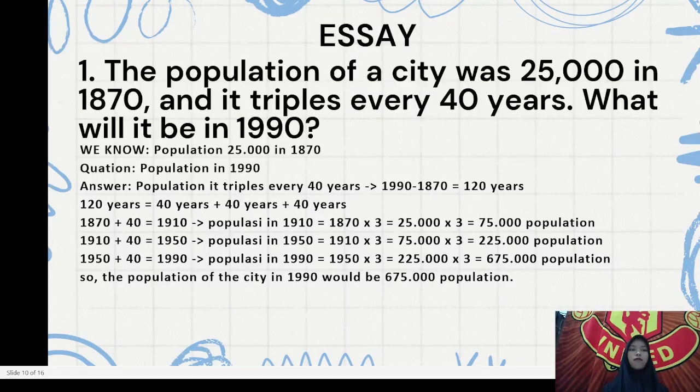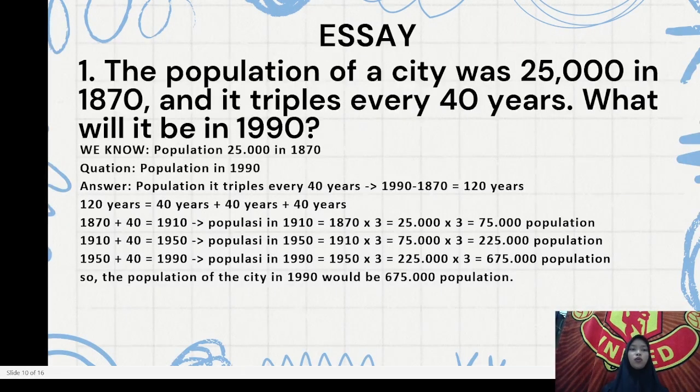1950 plus 40 is 1990. The population in 1990 is 225,000 times 3, which is 675,000.